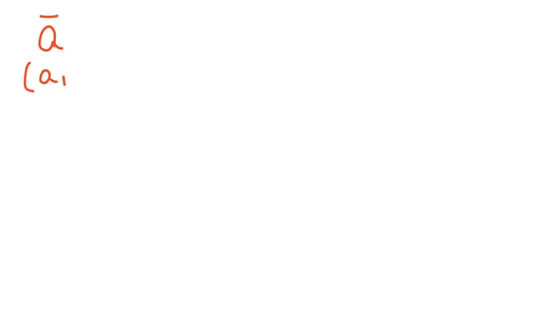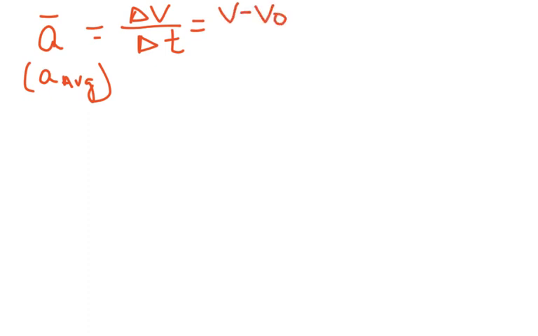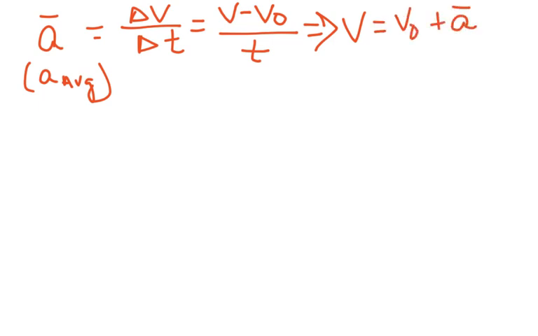All right, average acceleration. So again, this is the average over the whole time interval. So you would look at your change in velocity over the whole time interval divided by your change in time. Well, the change in velocity is the final velocity minus the initial velocity divided by the time interval. And we can rewrite that as the final velocity is the initial velocity plus your average acceleration times time.